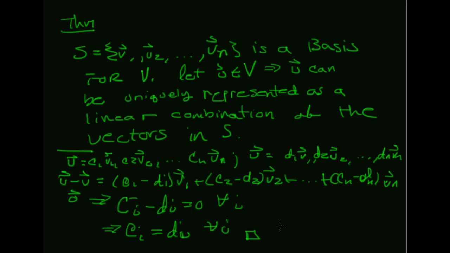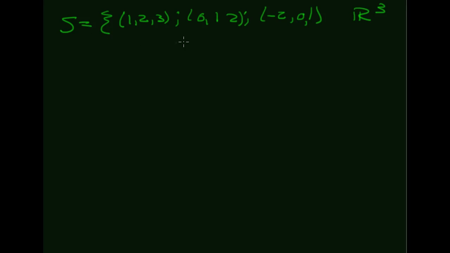Okay, so let's take a quick example of this. Let's say we have this set S where we have the vectors (1, 2, 3), (0, 1, 2), and (-2, 0, 1). And we're going to say that this is a basis for R3. You can check that by throwing it through MATLAB and seeing if you get the identity matrix if you use this as the column space.